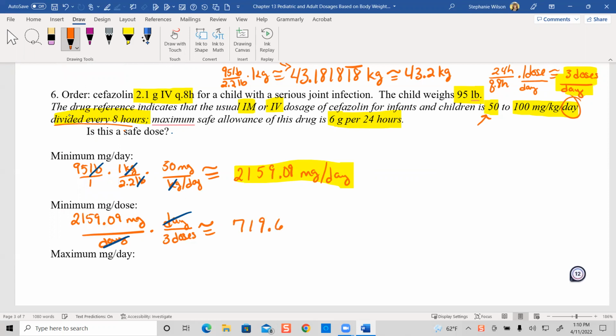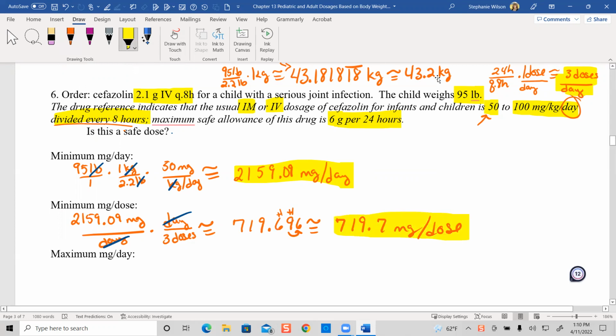What happens is I get this, but when I round to the nearest hundredths, because that 9 looks at the number behind it, add 1, because that goes to 10. So this is my minimum per dose.